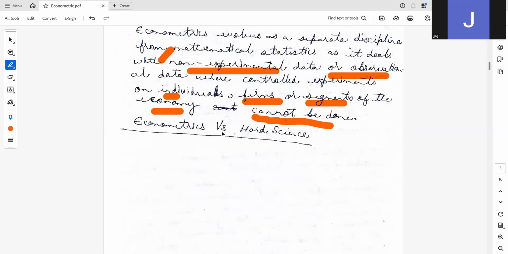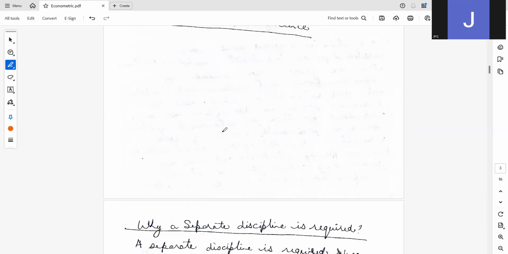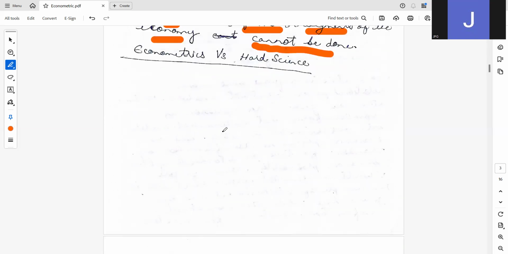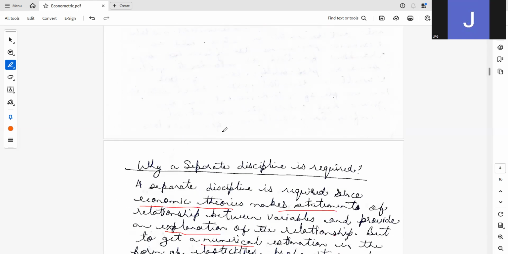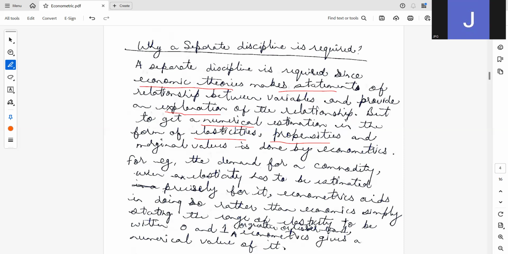That data should convey some sense to you, and therefore you have these three things coming together under econometrics. So it is not a hard science or a perfect science, it's not like natural science, but econometrics is much more like a social science, since we are talking about the people who are living in a society.